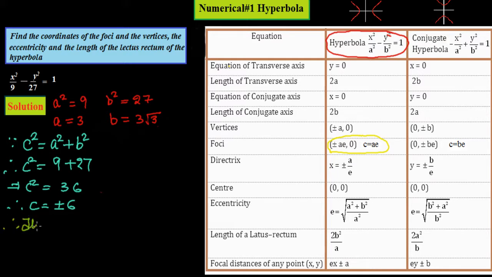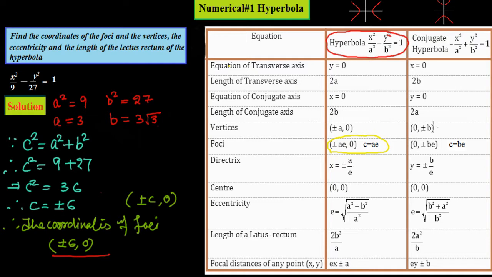Therefore the coordinates of foci are plus minus c comma 0. So it is plus minus 6 comma 0. So this would be the coordinates of foci. In this way we could easily find out the coordinates of foci.